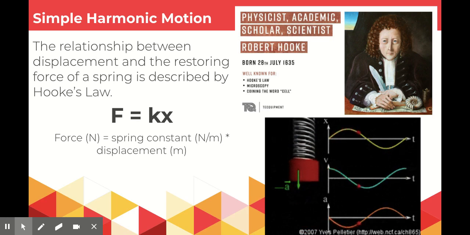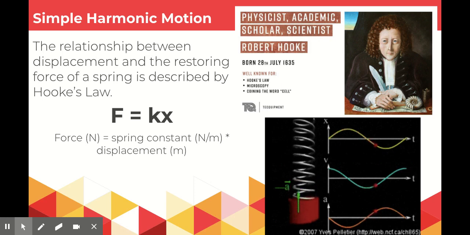Instead of talking about just forces, like something being stretched down, we're going to be applying that to the motion of waves. We're going to start out talking about springs, obviously, because that's the easiest way to visualize this, but we're also going to apply this to sound waves, simple pendulums and things like that.